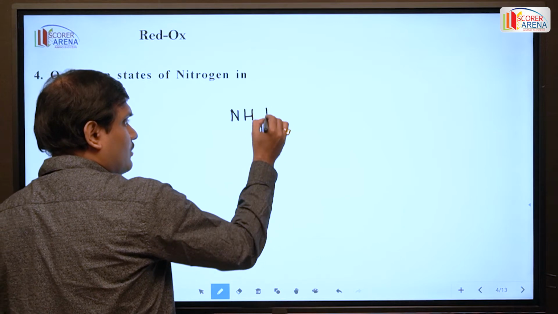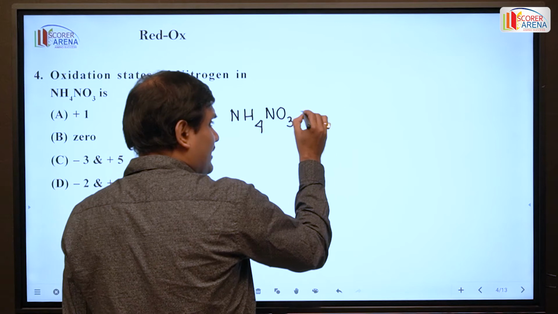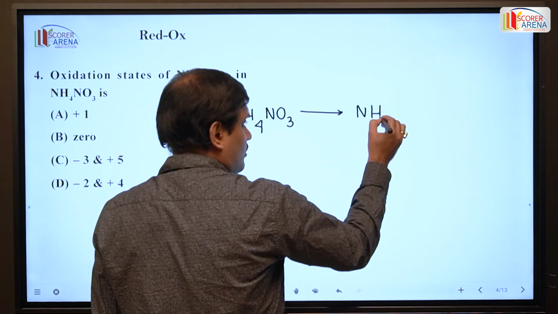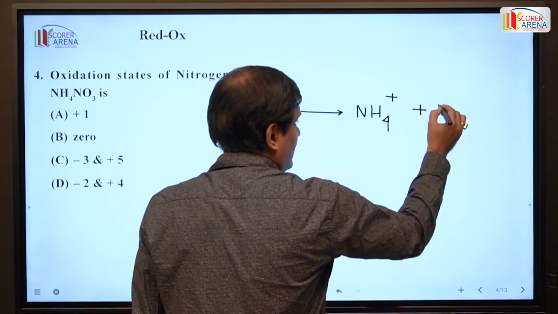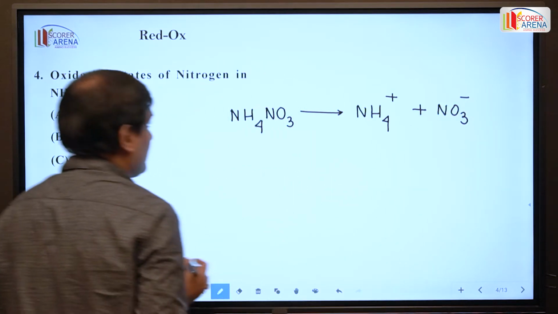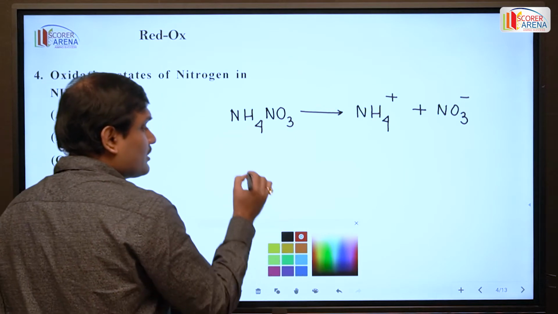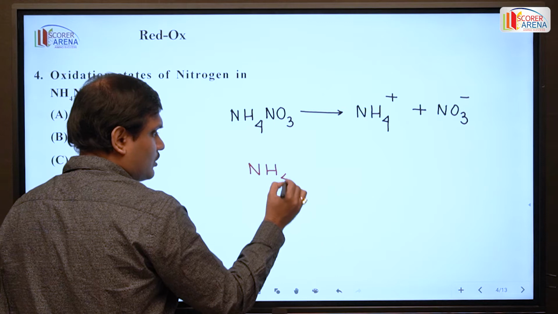One of the ways to find out these values: just break this NH4NO3, which is a salt. It will break to produce the ions NH4 plus and NO3 minus. Now try to calculate the oxidation number separately for NH4 plus and NO3 minus.